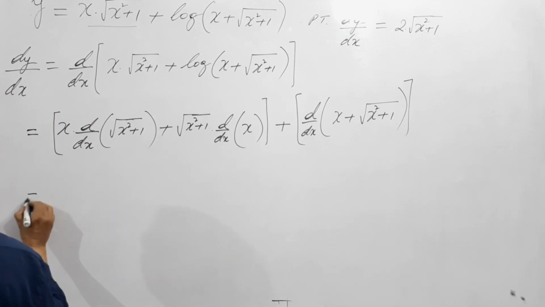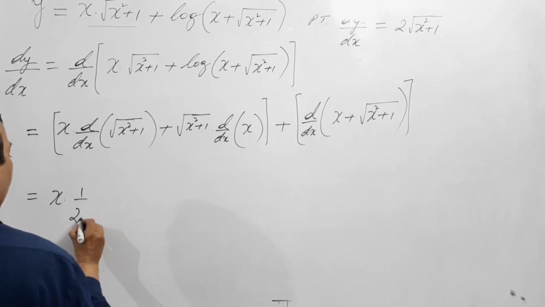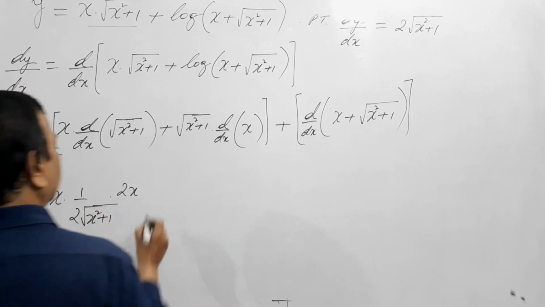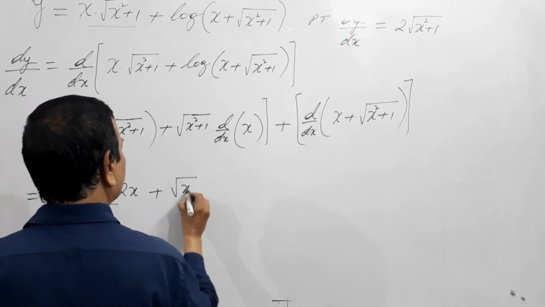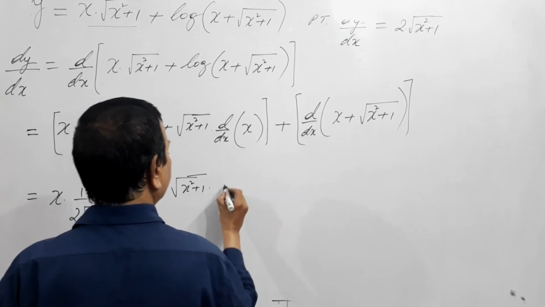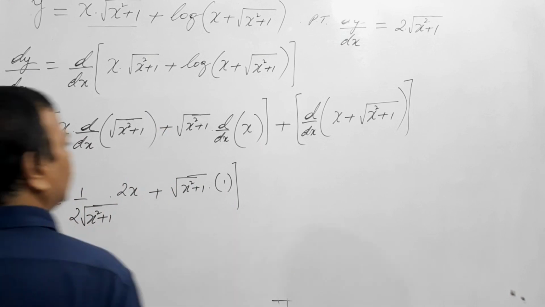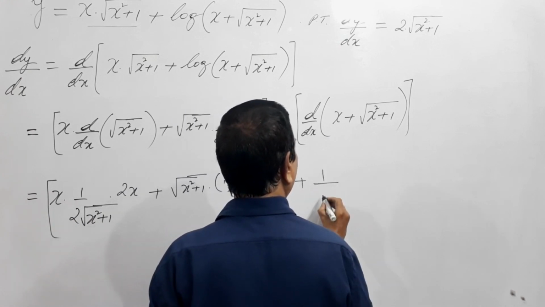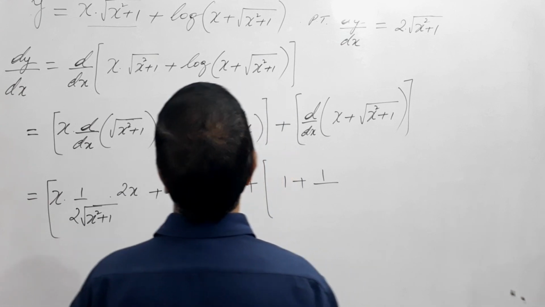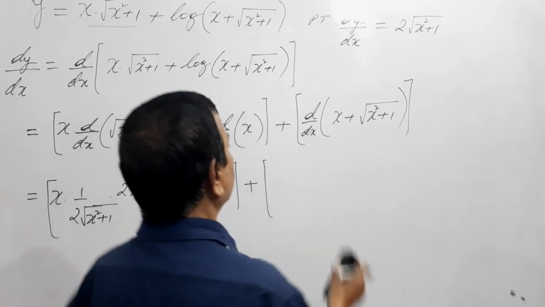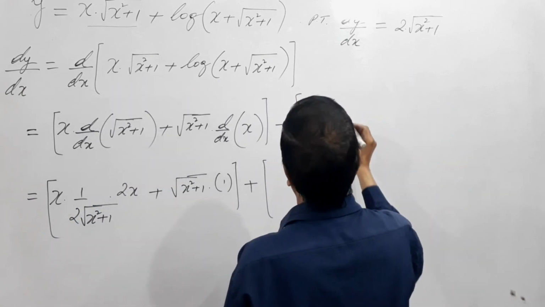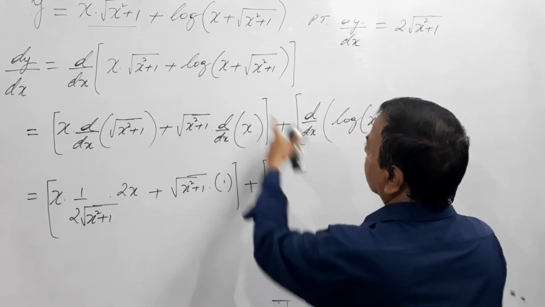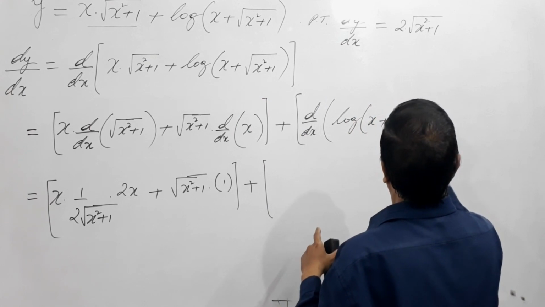Okay, so what happens to this? This becomes x into, this is half, if you differentiate this, x square plus 1 to the power minus half into 2x, plus under the root x square plus 1 into, differentiation of x is nothing but 1, plus d by dx of log x plus under the root x square plus 1.